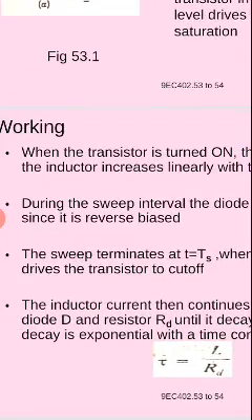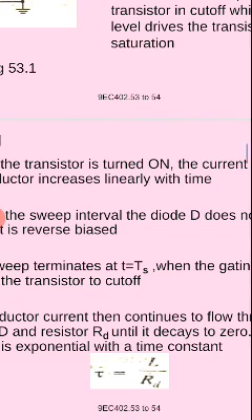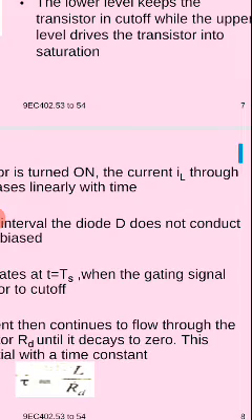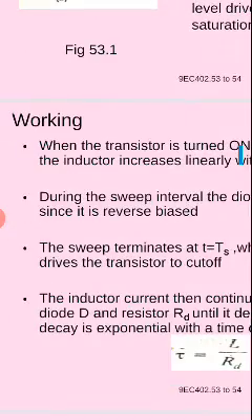During the sweep interval, the diode D does not conduct since it is reverse biased.